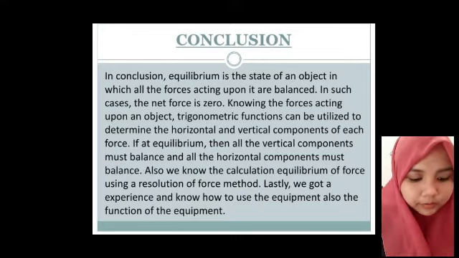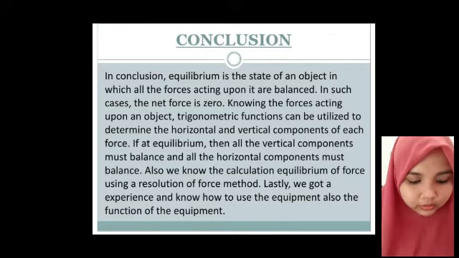If at equilibrium, then all the vertical components must balance and all the horizontal components must balance. Also, we know the calculation of equilibrium of force using the resolution of force method. Lastly, we got experience and now know how to use the equipment, and also the function of the equipment.